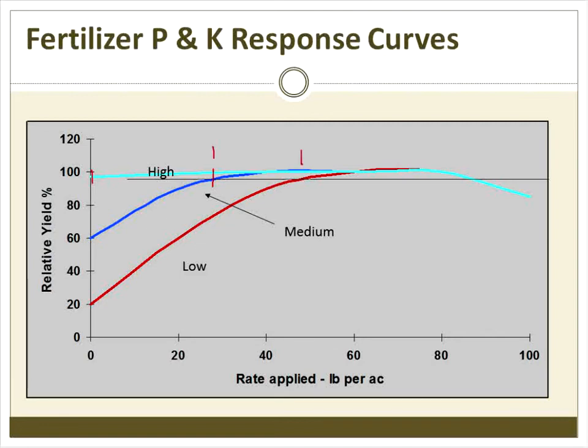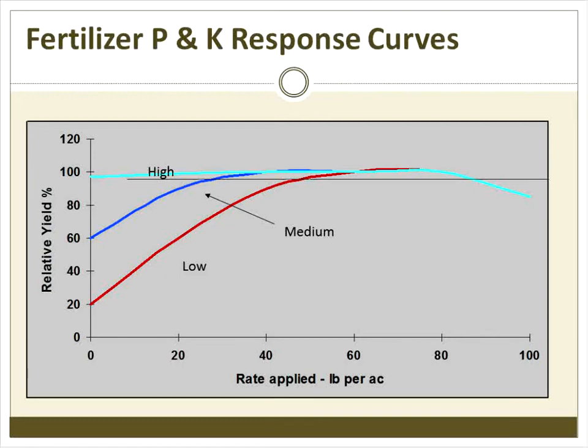So we have to work equally as hard to get that last 5% of the yield. From an economic perspective, it makes no sense to fertilize for that last 5%. We'll shoot for a 95% yield. So that's the way we've developed our fertility recommendation models in the state of North Carolina.